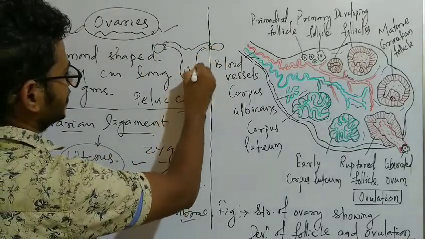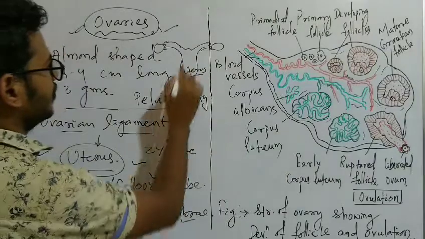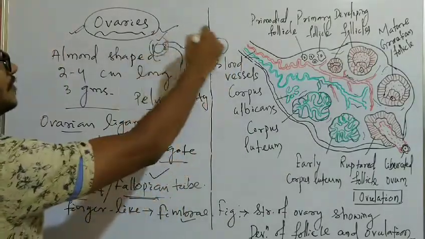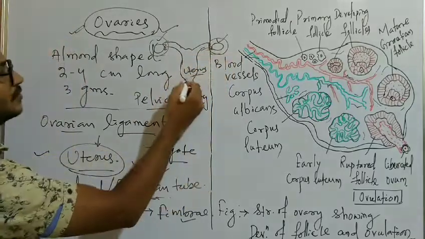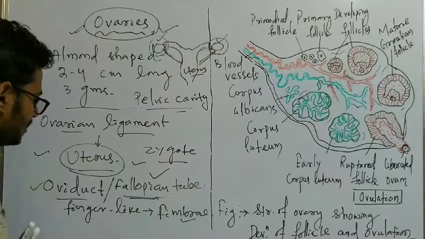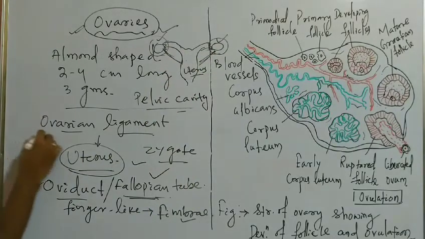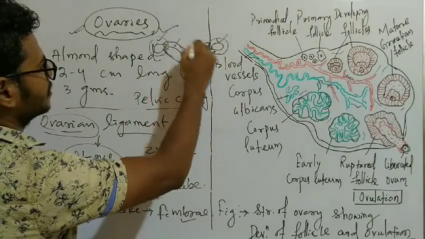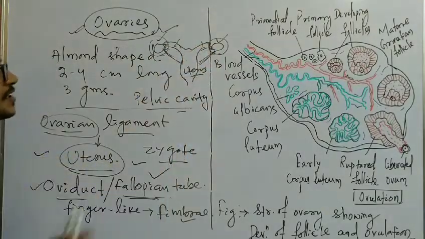So this is the uterus, and on either side of the uterus are the ovaries, which are attached to the uterus with the help of the ligament we call the ovarian ligament, and these are the oviducts, or fallopian tubes.